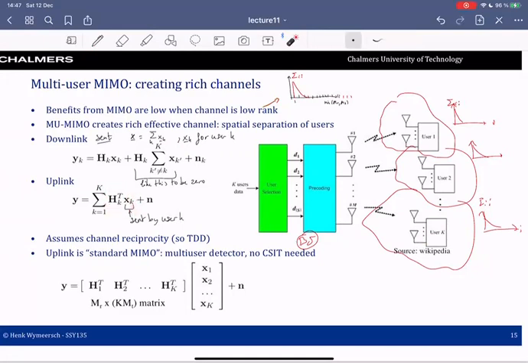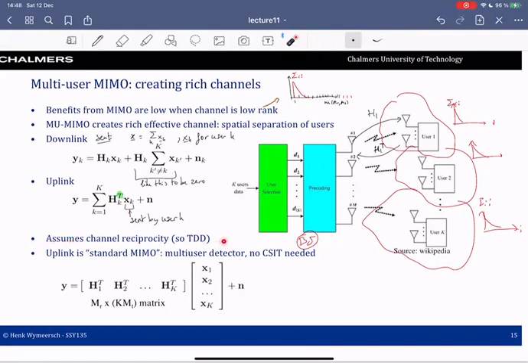And now note here that I put a transposed, and this is because when the channel from the base station to the user is H1, the channel in the opposite direction will be H1 transposed. And then the base station receives the superposition of all of the signals from all of the users, and this is its observation, and then it needs to recover each of these signals.